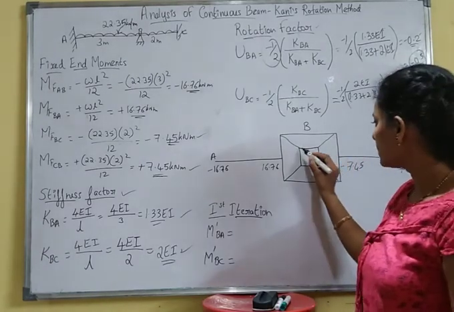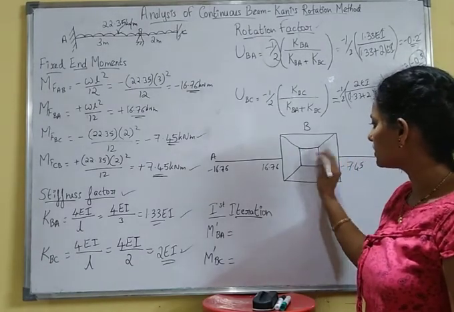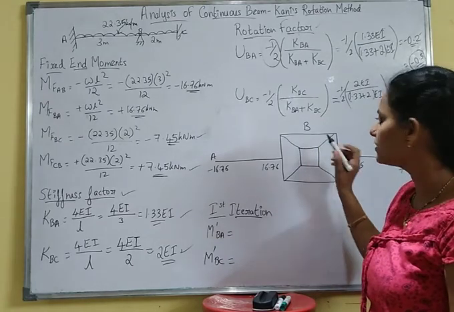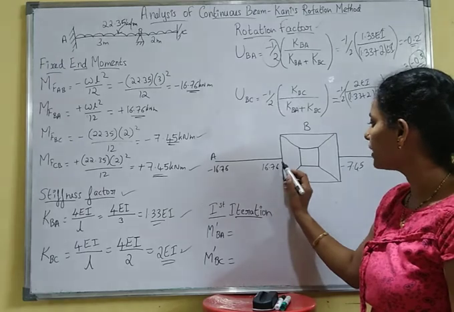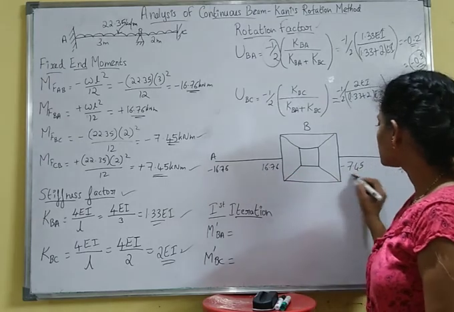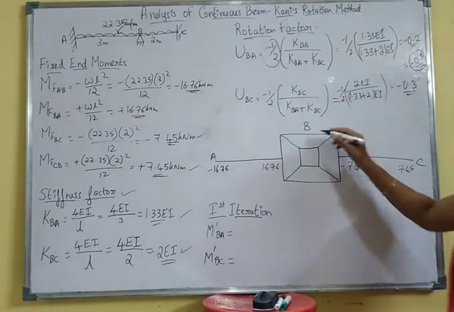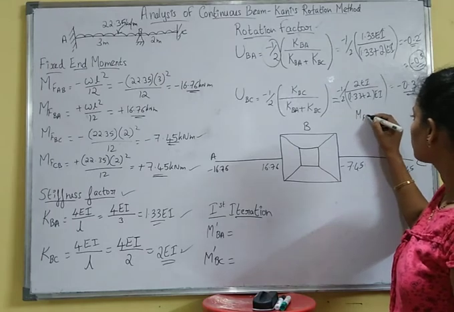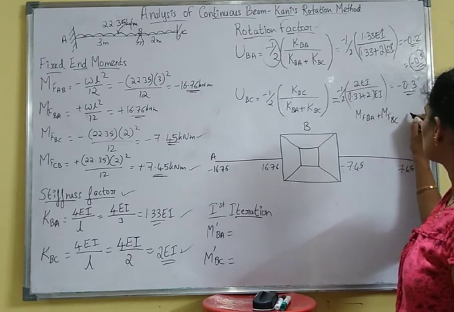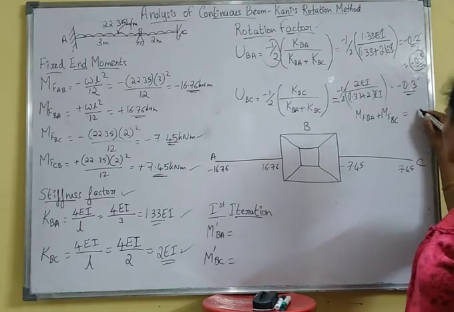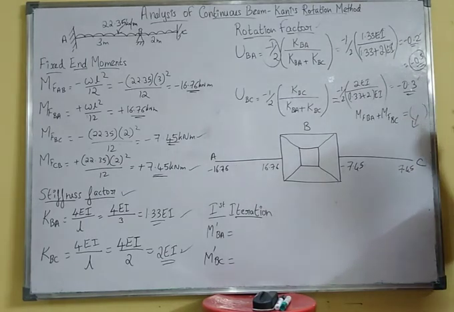Then in the inner box you are going to write the unbalanced moment. Unbalanced moment is nothing but the summation of the fixed end moments. So MF BA plus MF BC, which is not equal to 0.